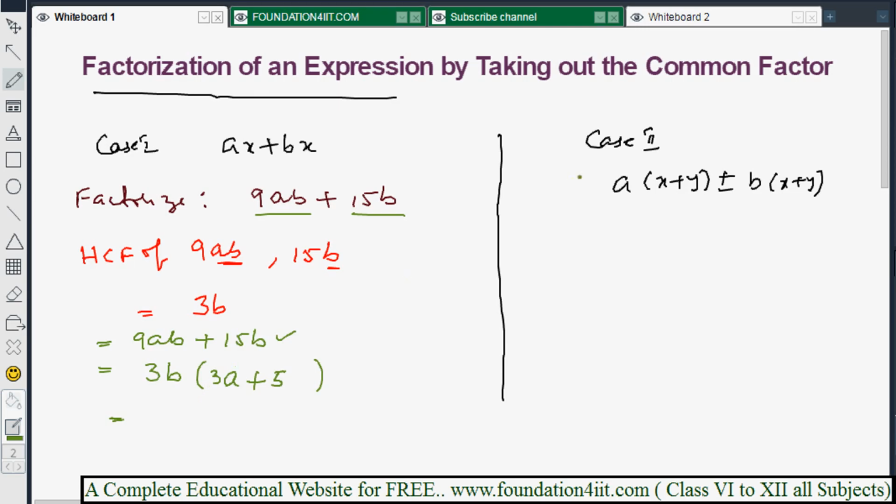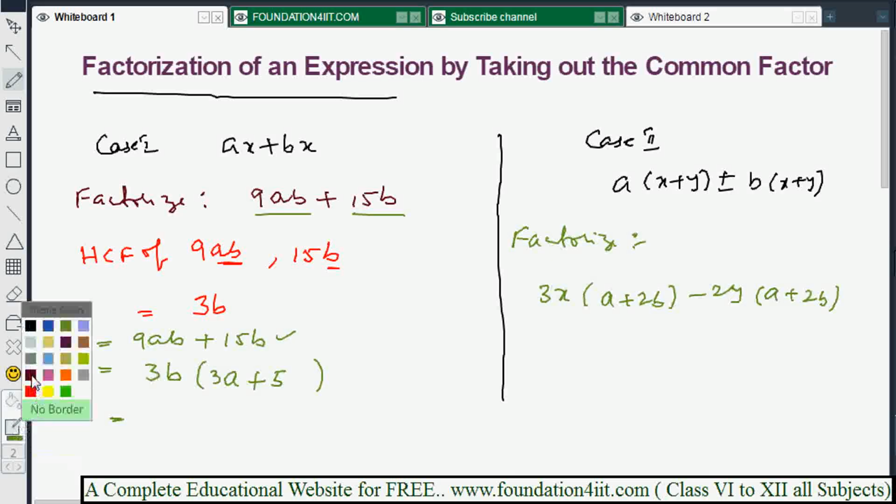Now for case 2, the question asks: factorize 3x of (a plus 2b) minus 2y of (a plus 2b). Within the bracket, the polynomial itself is a common multiplier.